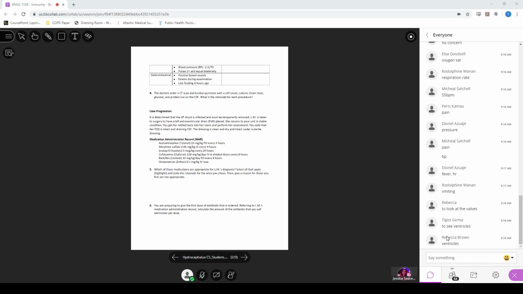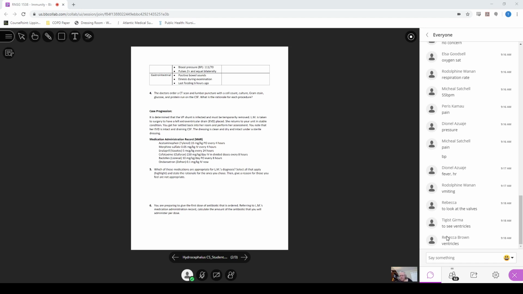Some of these tests can specifically identify meningitis, like the glucose and protein. Correct. There's an excellent table in your MedSurg book showing the normal CSF results and the expected findings for bacterial or viral meningitis. And if we're looking at a potential infection of this shunt, we're going to be looking for the same types of things.